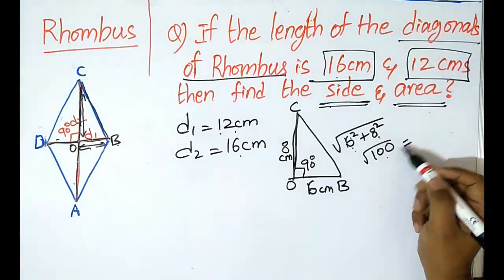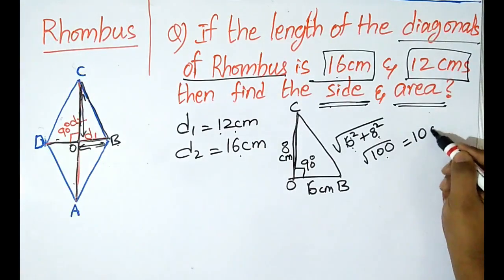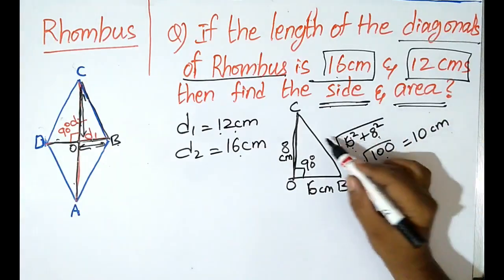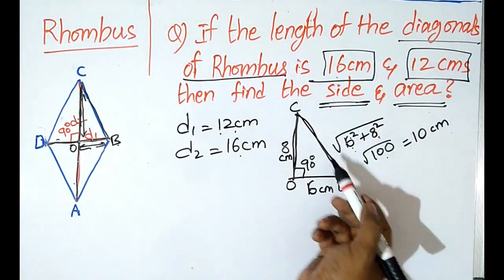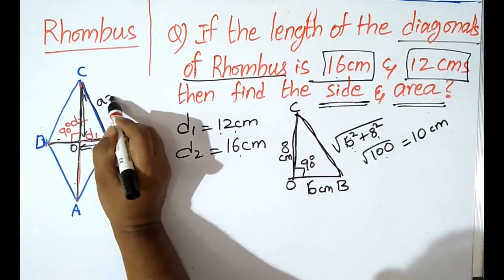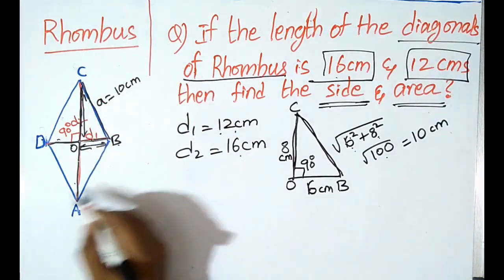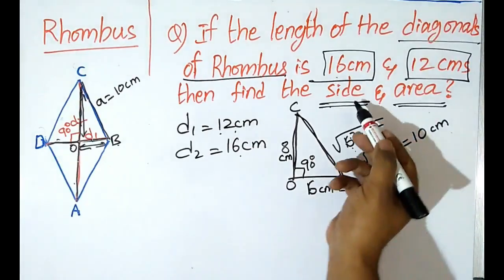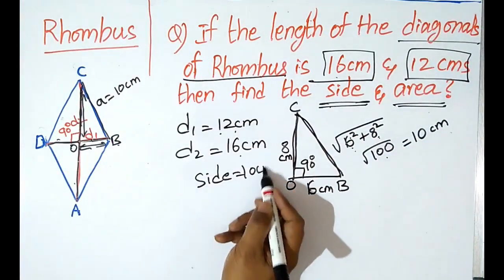We get root of 100, that is equal to 10 centimeters, which is nothing but one side of the right angle triangle. In the same way, in a rhombus all the sides are equal, so the side is given by 10 centimeters.